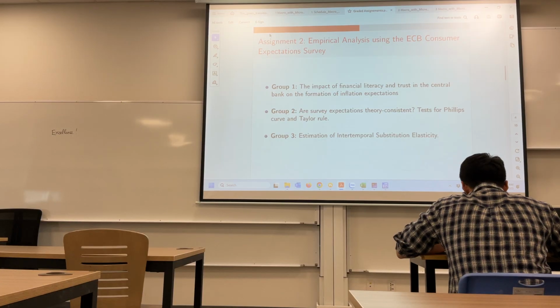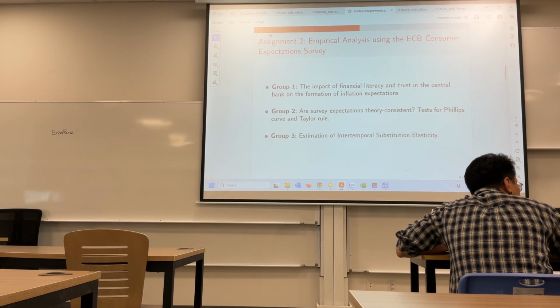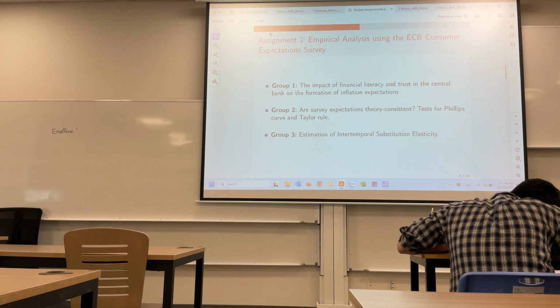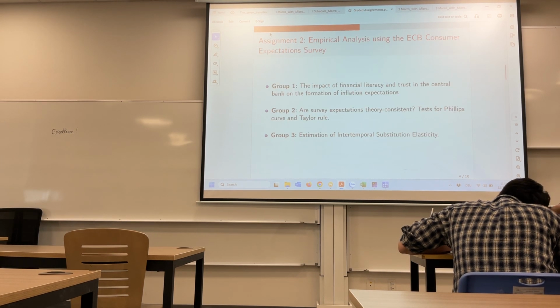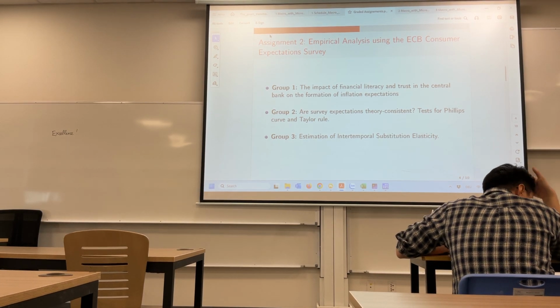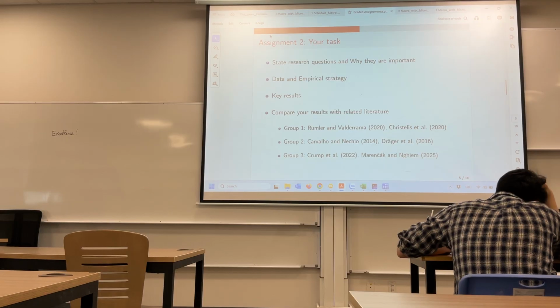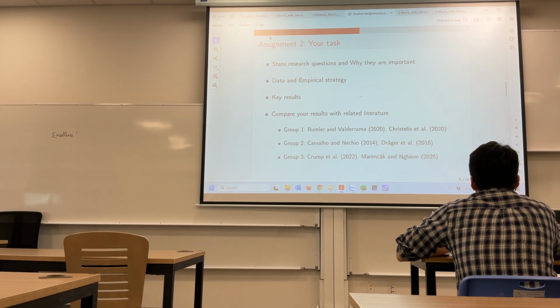Or what question about the Taylor rule, like what is the key question to measure inflation expectation or interest rate expectation, or even growth expectation. And the same thing for the estimation of intertemporal substitution here. And then you present the key results.